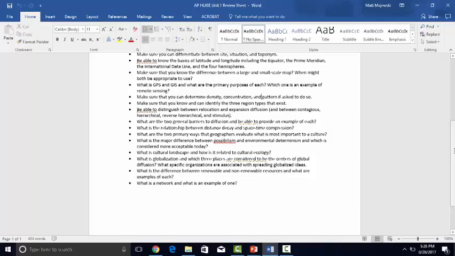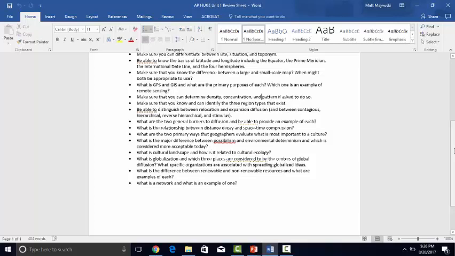The same with beef in India. The same with alcohol in certain parts of evangelical Christian areas as well. Okay, so cultural barriers are just cultural reasons why something might not spread, as opposed to physical barriers, which are literally physical objects that stand in the way.